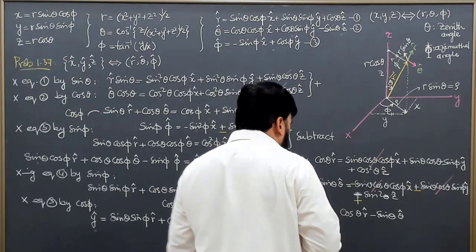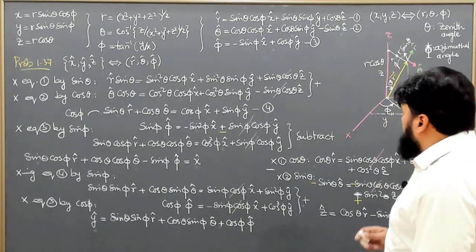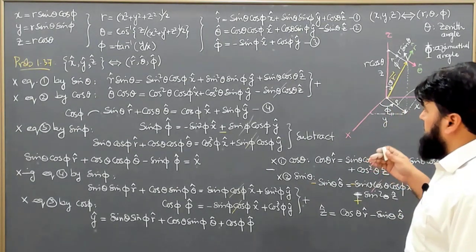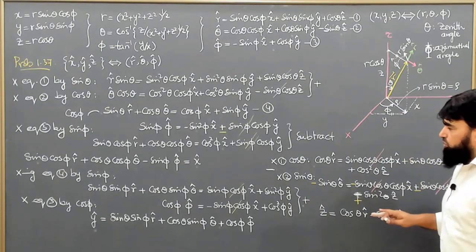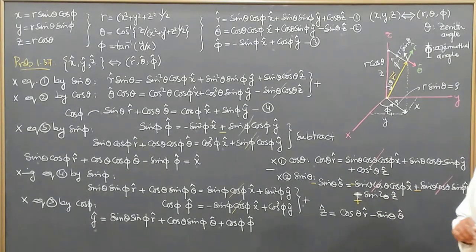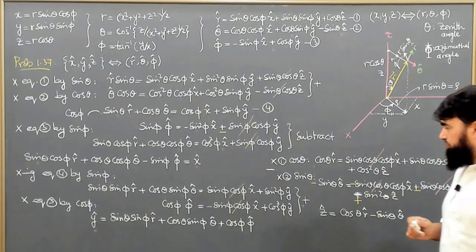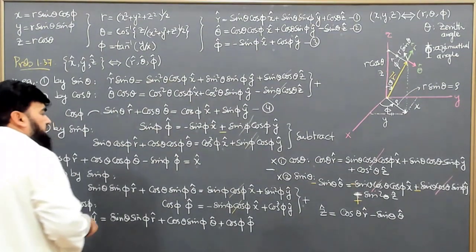So this is the way to convert an equation from the r, theta, phi unit vectors into the x, y and z unit vectors in terms of r, theta and phi.